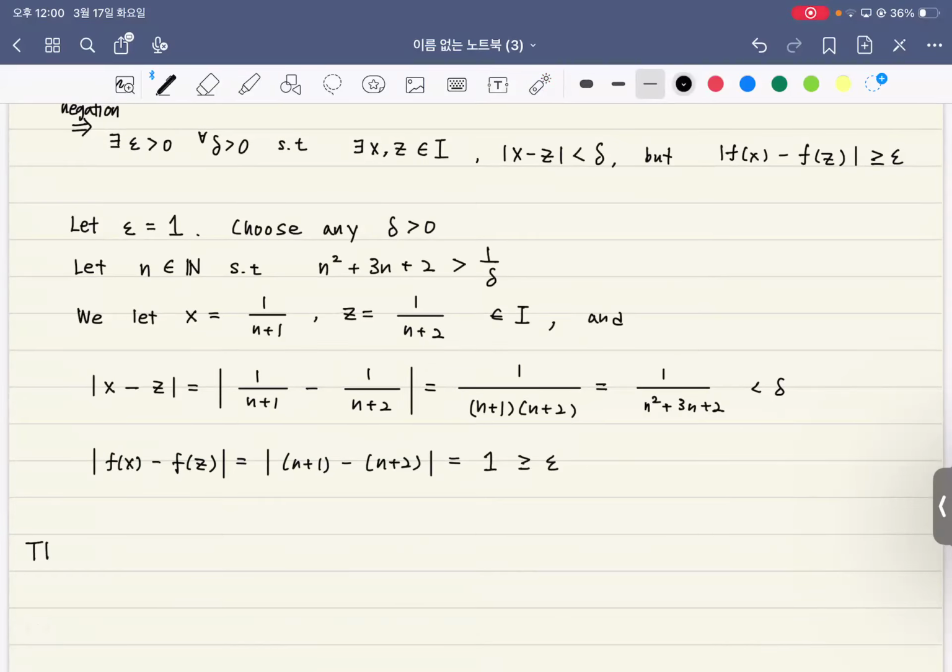I want to compare these two definitions, being continuous everywhere and uniformly continuous.